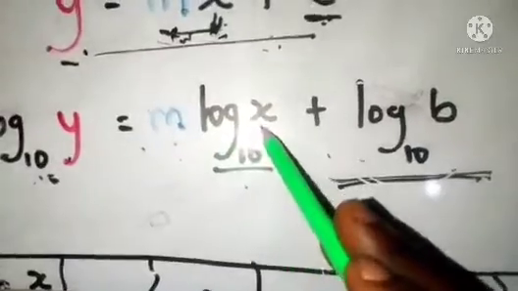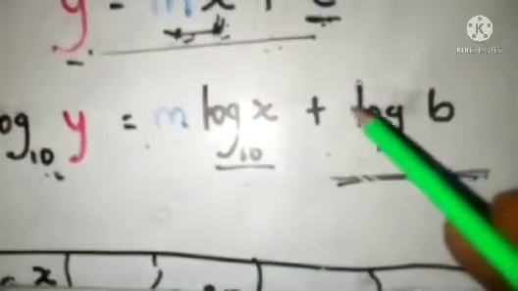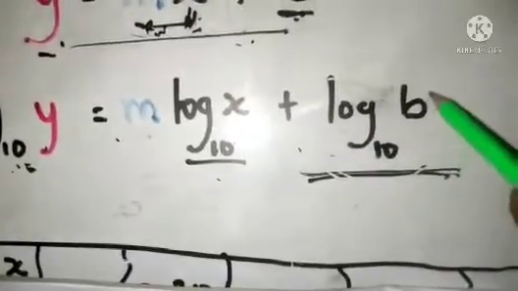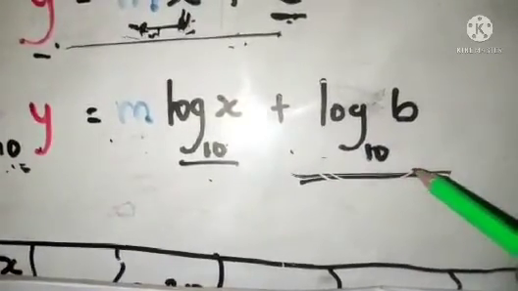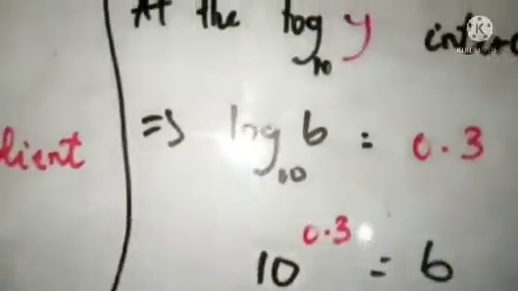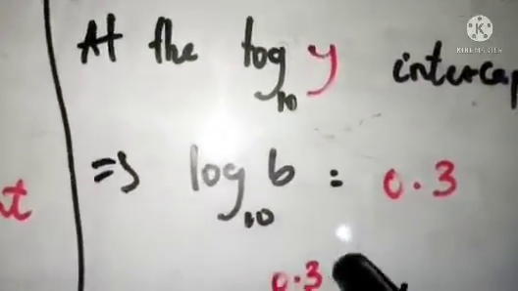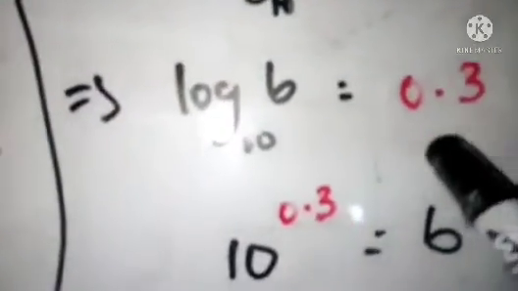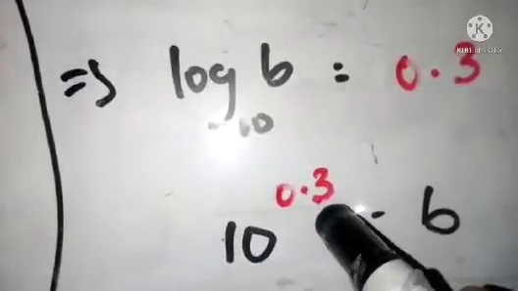If this is equal to 0, everything here will be 0, right? So here we are going to have log of b. With the help of the indices, we know that this will be the base. So the base is 10 exponent whatever is here. So 10 exponent 0.3 is equal to b.